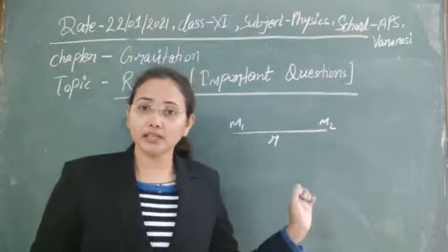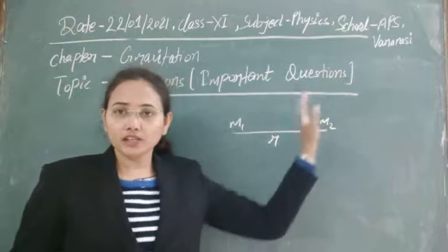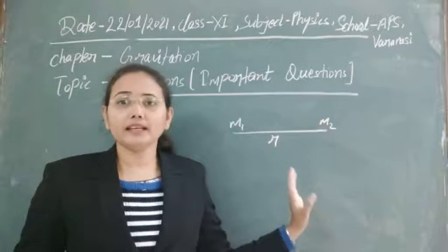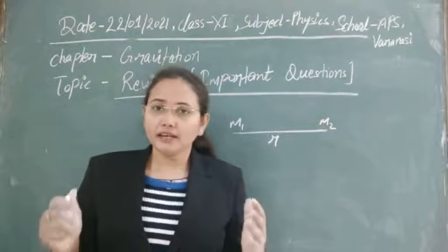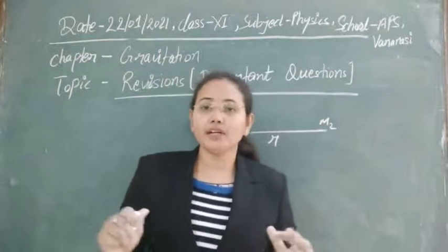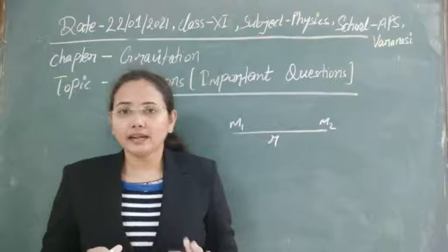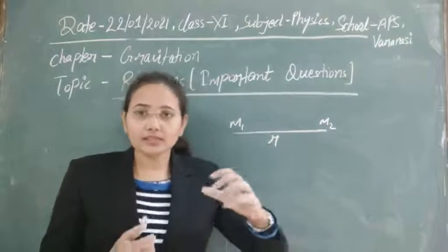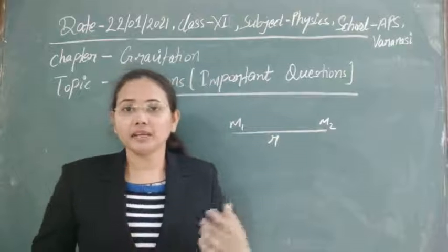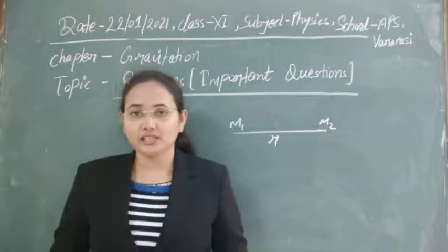Later I will tell you the properties of gravitational force. First of all, I think you are aware of gravitational force. Whenever there are two masses that are separated by some distance, these two masses are trying to attract each other by some force, and that force is known as gravitational force.